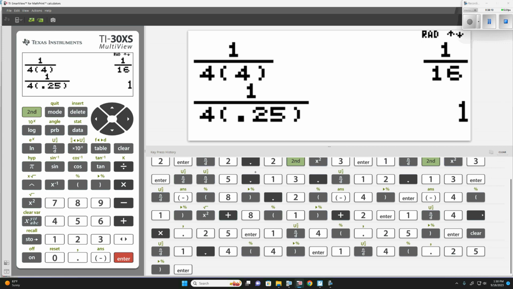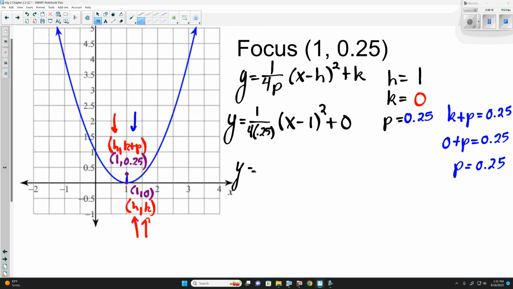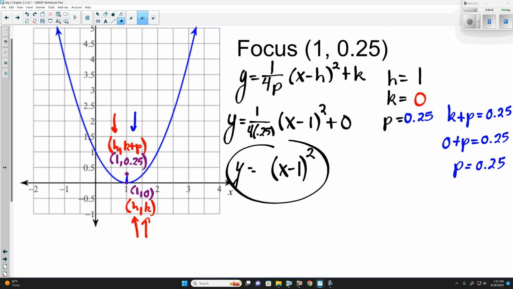The value is 1. We still have the (x minus 1) squared, but the plus 0 is not needed. And realistically, we don't need the times 1 because it's understood. So really, this equation is just y equals (x minus 1) squared.